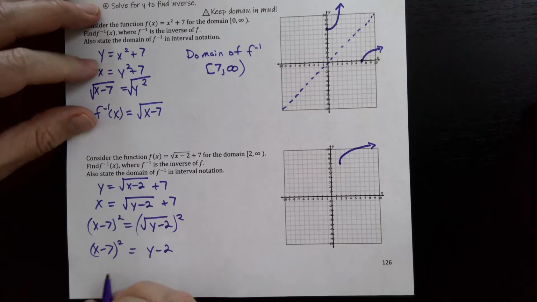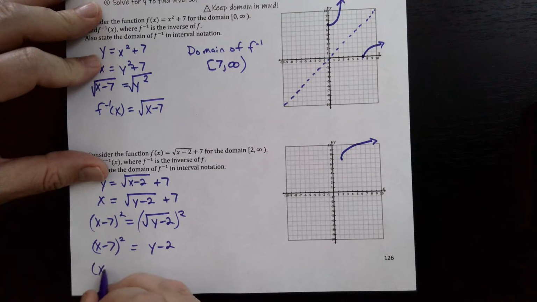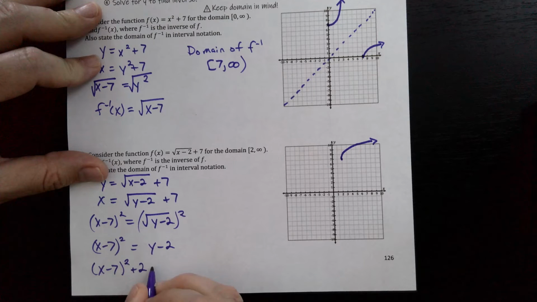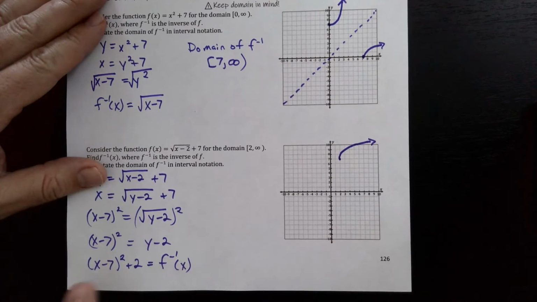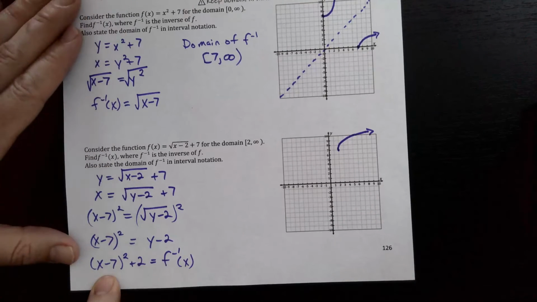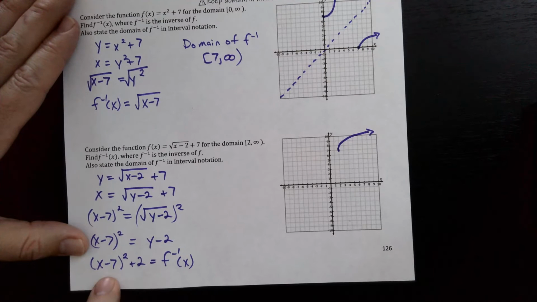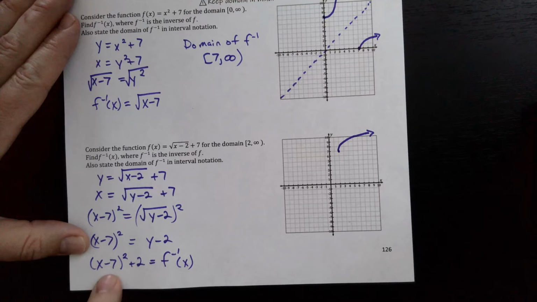Then add the 2 over, so you get x minus 7 squared plus 2 is equal to y. We'll write that in the inverse function notation. This is a parabola that has been shifted right by 7 and up by 2.